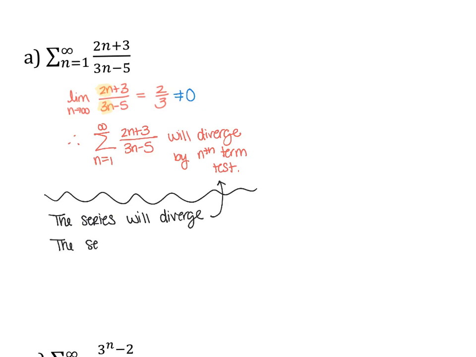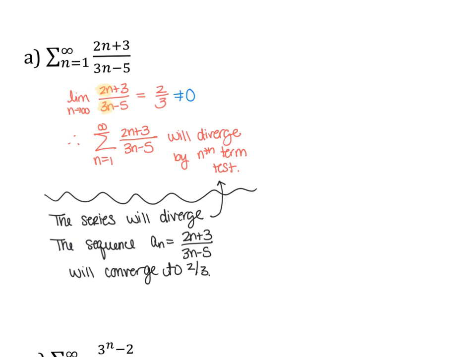However, the sequence a sub n equals 2n plus 3 over 3n minus 5, the sequence will converge to 2/3. That's what that limit is saying. The limit says that that sequence will converge to 2/3. Since that sequence is not converging to 0, I know that the series is going to diverge. So the distinction between the sequence and the series is really important.